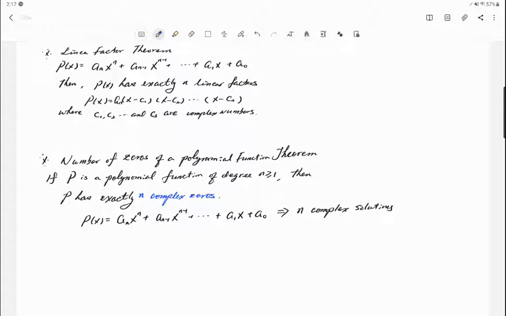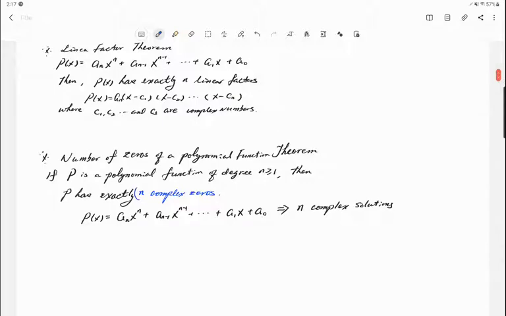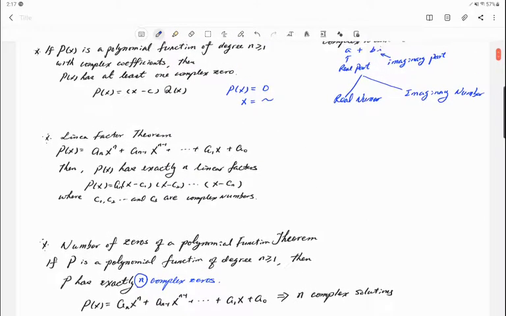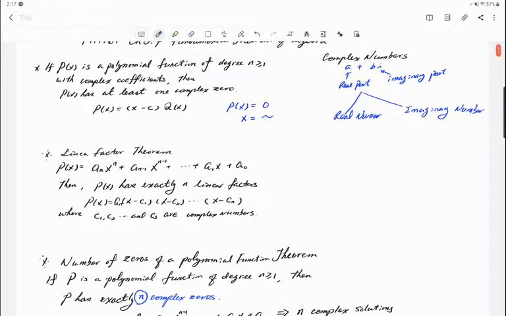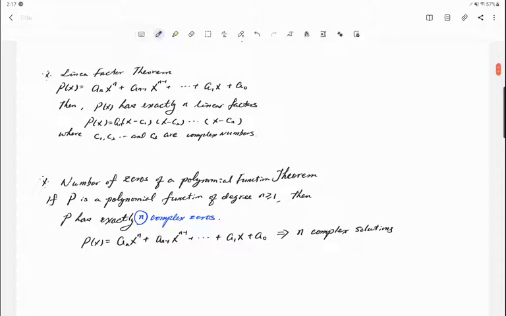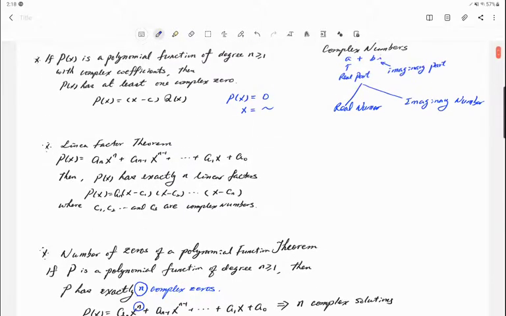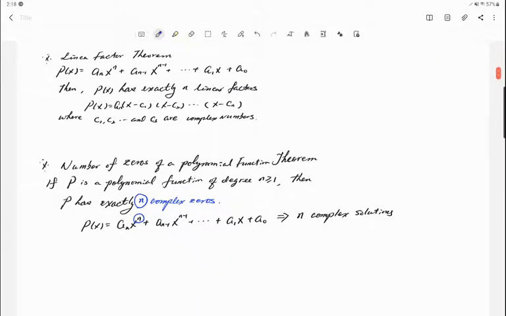So P of x, the polynomial, has exactly n complex solutions. This is really important: exactly n complex solutions. Why are there exactly n complex solutions? If the degree is n, then there are exactly n complex solutions. That means it includes the imaginary unit also.